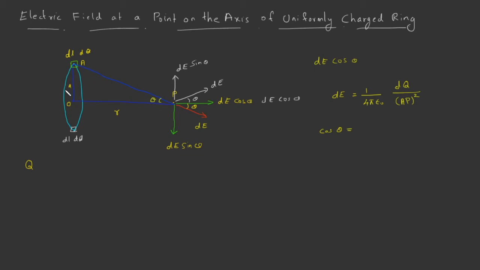Therefore cos theta is equal to R divided by AP.